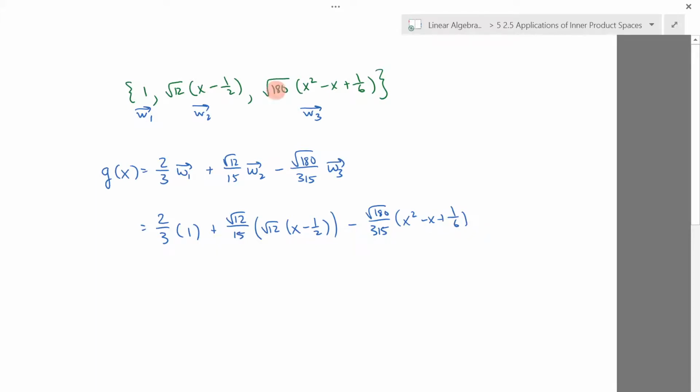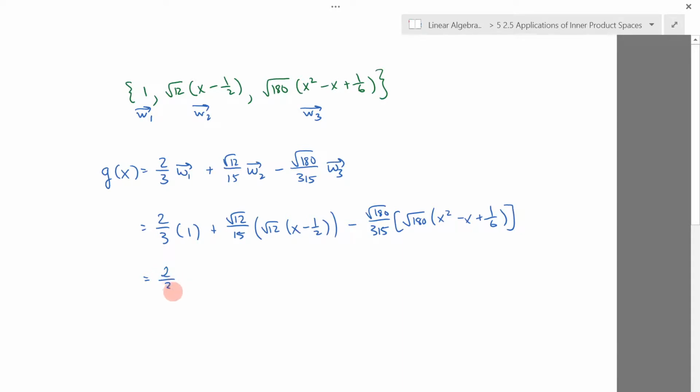Oops, I forgot a square root of 180. Okay, so now we multiply this out, right?